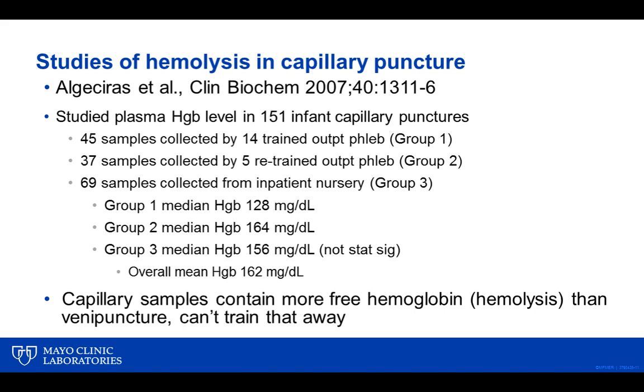We then retrained a group of those phlebotomists and had another 37 samples compared to 69 samples collected from an inpatient nursery phlebotomy group who did a lot of capillary punctures. But the average hemoglobin didn't differ between the three groups, so we really could not train out this free hemoglobin problem with capillary heel stick samples.